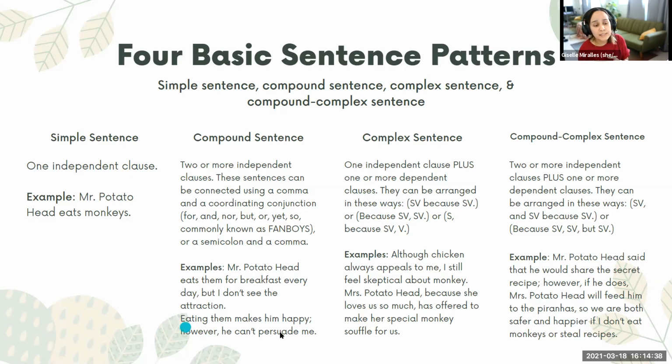So you can easily replace this semicolon and however with a comma and but, one of the FANBOYS coordinating conjunctions. And again, to remember the coordinating conjunctions for connecting independent clauses, just remember FANBOYS: for, and, nor, but, or, yet, so. Any of those words you can connect two independent clauses with a comma.